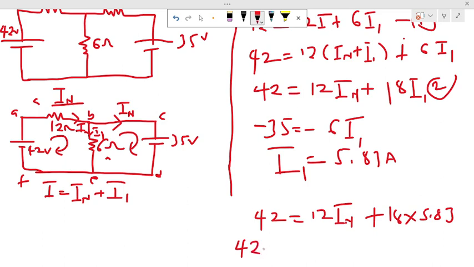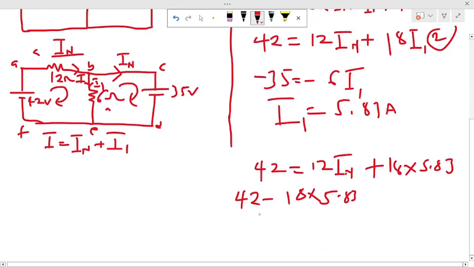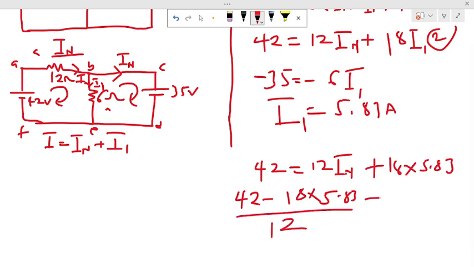So we get 42 minus 18 times 5.83, divided by, I'm just making the Norton's current the subject, so divided by 12, which will give you the Norton's current. Now if you punch this, we are going to get negative 5.245.